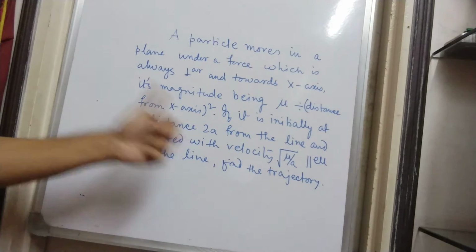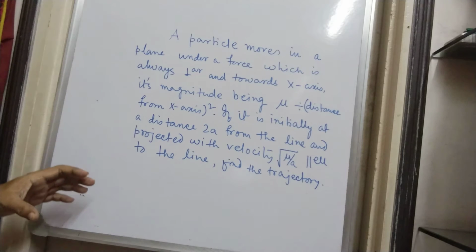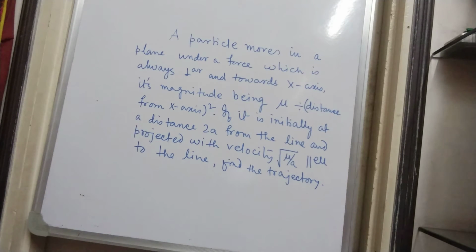It is at a distance 2a from the line and it is being projected with this velocity parallel to the line. Now according to this problem, we would like to draw a picture and then designate how it works.